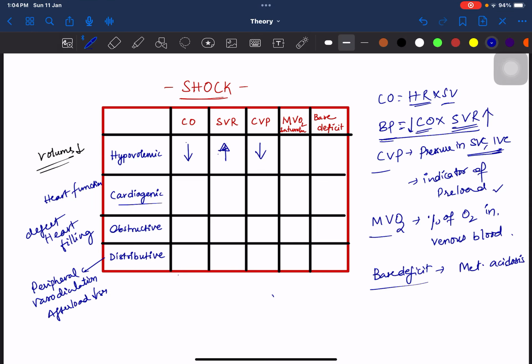The basic defect is pump failure. So if the pump fails, then the cardiac output obviously decreases. And what happens to systemic vascular resistance? Again, systemic vascular resistance increases as a mechanism of compensation. Then what happens to central venous pressure?